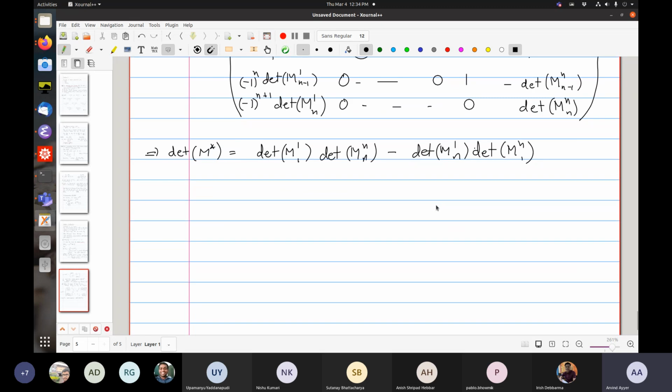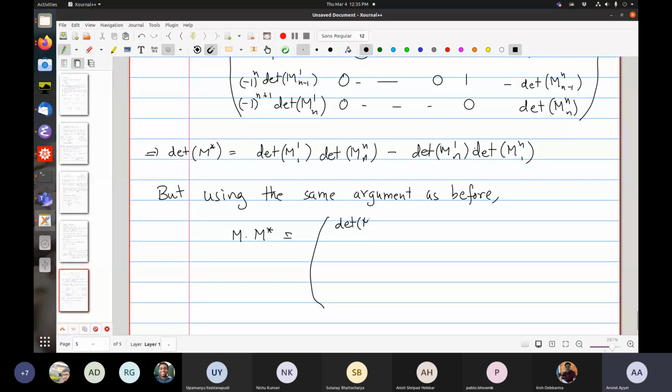But this is the brute force calculation. Now, using the same argument as before, determinant of m dot m star is what? Let me first compute m dot m star. I'll not go through all the details, but basically the idea is that in the first column I still get determinant m.